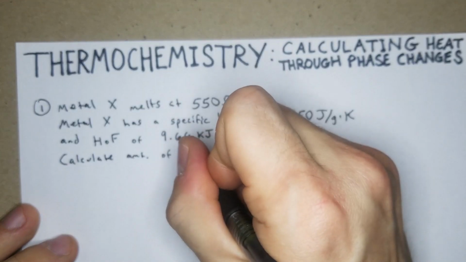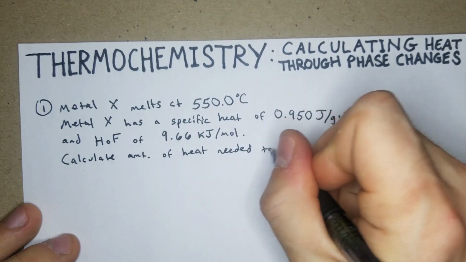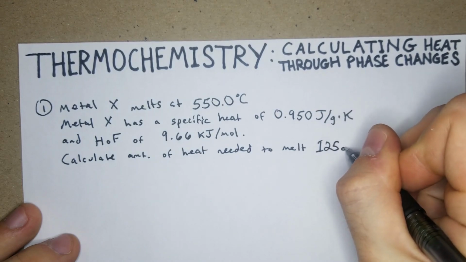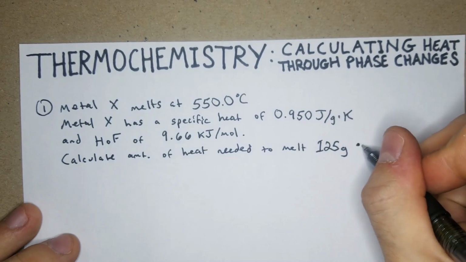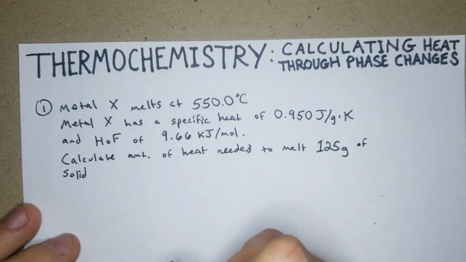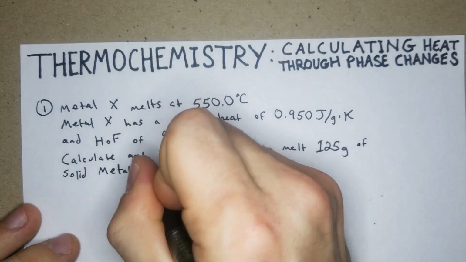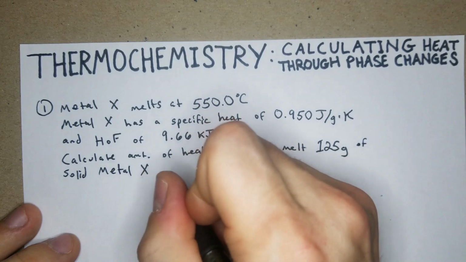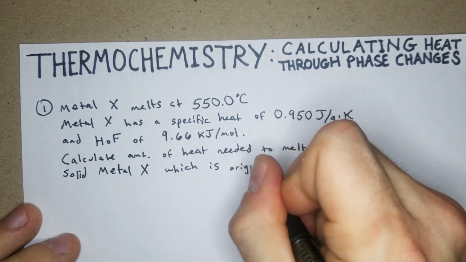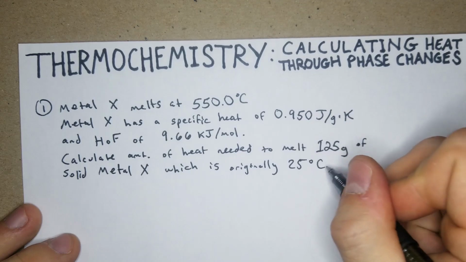of heat needed to melt 125 grams of solid metal X, which is originally 25 degrees Celsius.